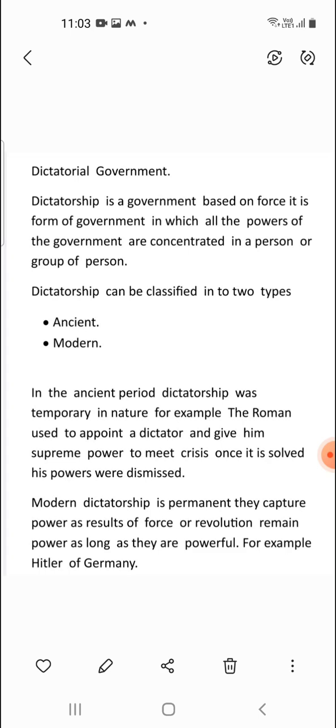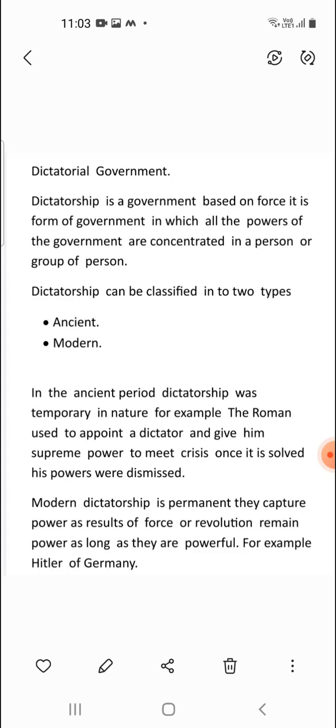Here people have no choice, and all the powers are concentrated in the hands of a single person or a particular group. In democracy, the powers are concentrated in the hands of the people. In monarchy, all the powers are concentrated in the hands of the king. In dictatorship, all the powers are concentrated in the hands of one person or a particular group.